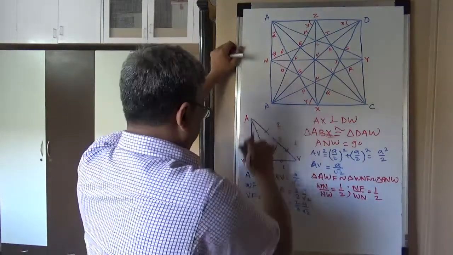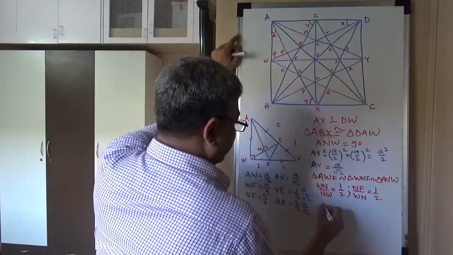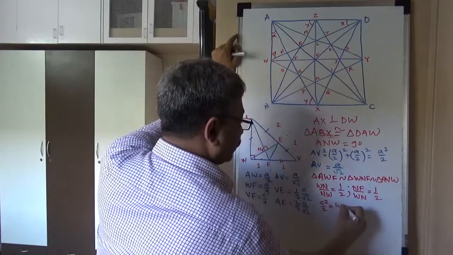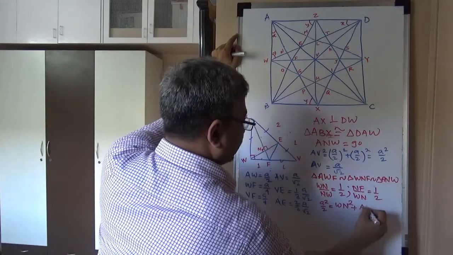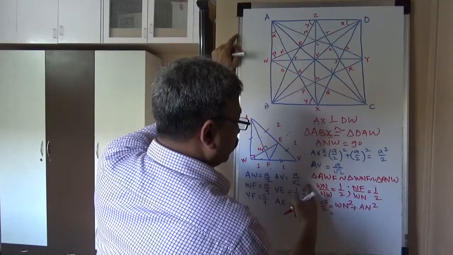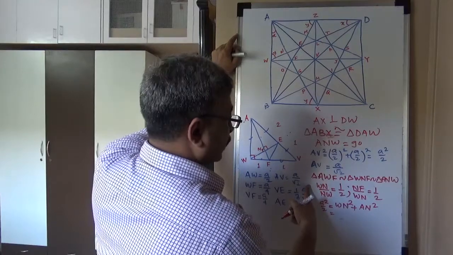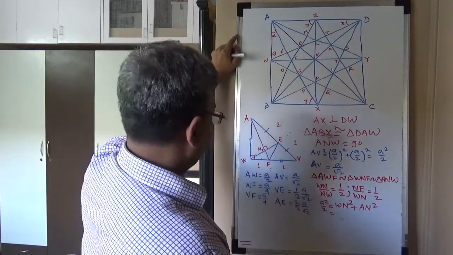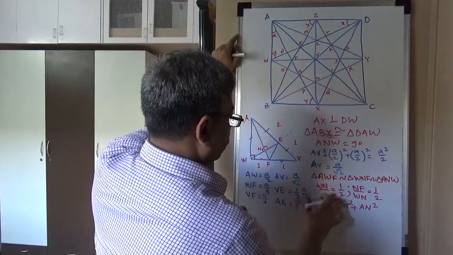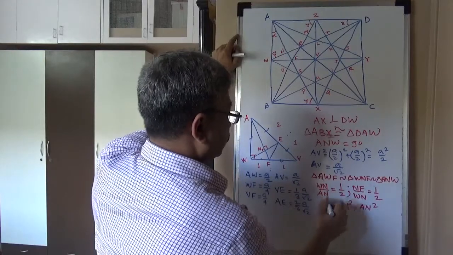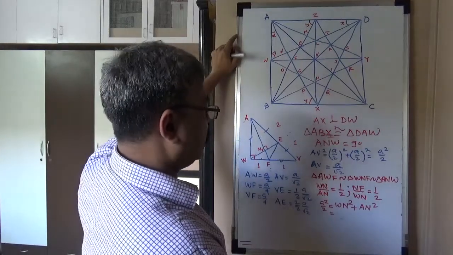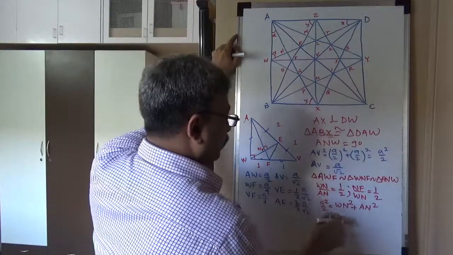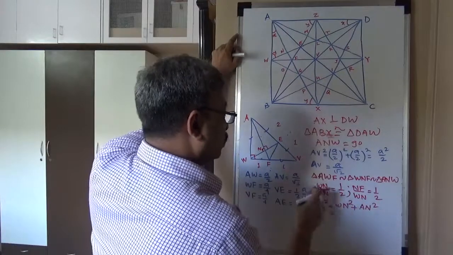How? AW square, that is a square by 2, is equal to WN square plus AN square. But WN upon AN is equal to 1/2, and NF upon NW is 1/2. Okay, so WN is equal to half AN, or we can say AN is equal to 2WN.